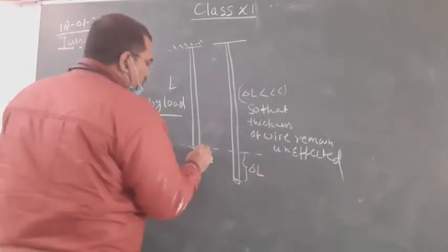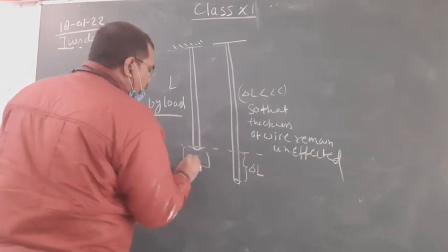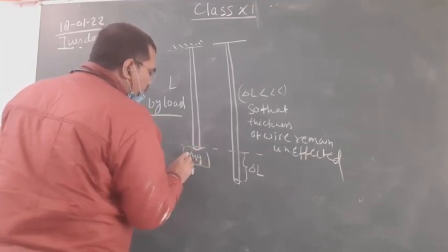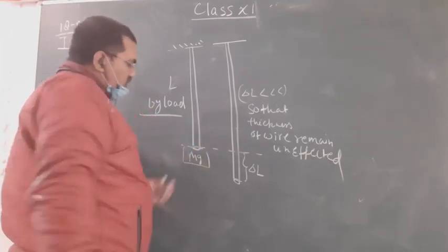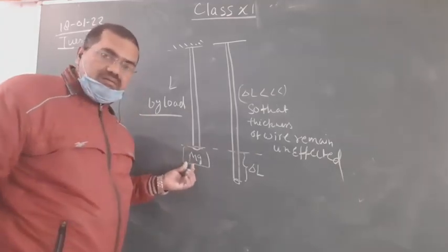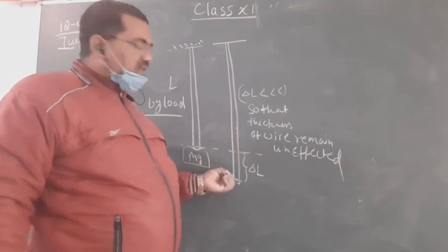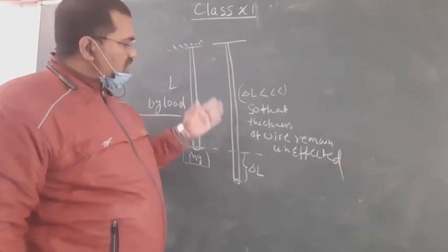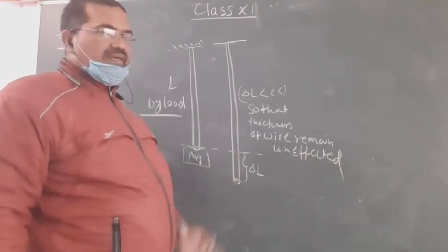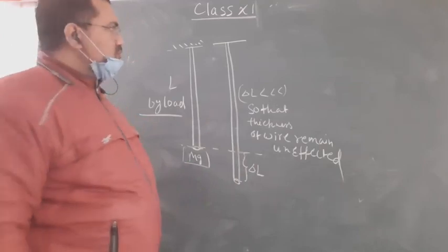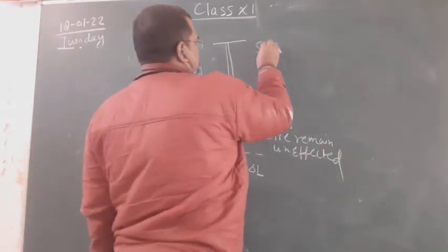Suppose weight mg acts on the wire. Due to this weight, called the deforming force, the length of the wire will change and become L plus delta L. So what is the stress?